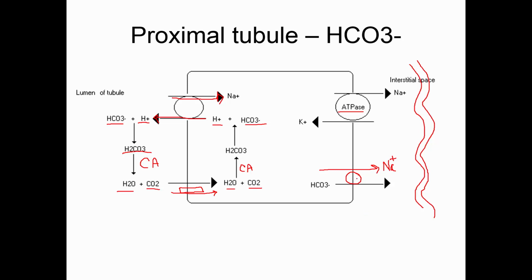And it allows bicarb to leave. How can bicarb leave? Because we're creating bicarb in the cell. Bicarb is higher inside the cell than outside the cell, and we allow bicarb to leave, and bicarb is then going to go in the peritubular capillaries and be returned. So gaining a bicarb is just like losing a hydrogen ion.